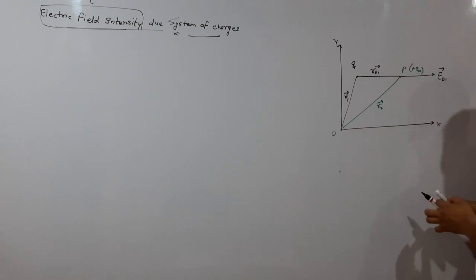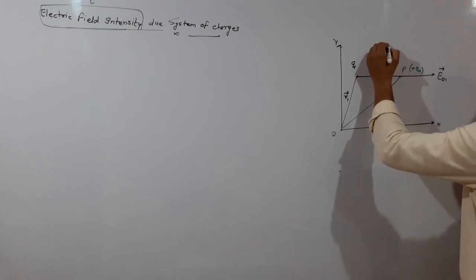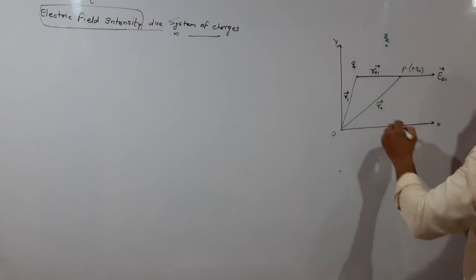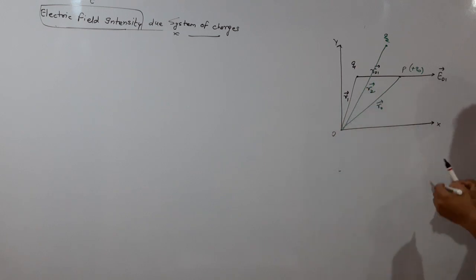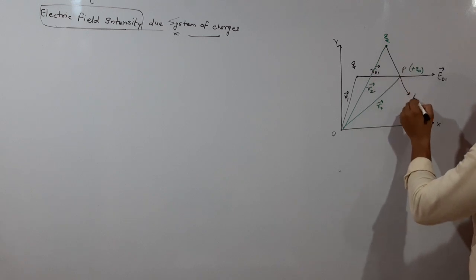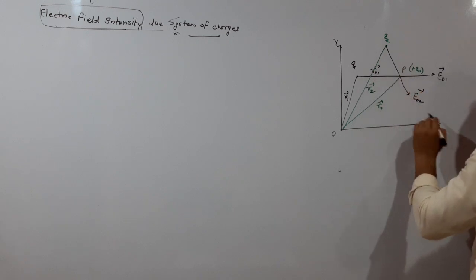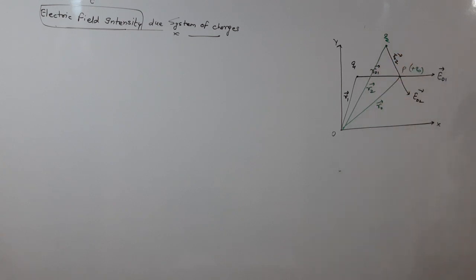If we have a Q2 charge, then its position vector is r2 vector. Due to this charge, the electric field will be E naught 2 vector, and the displacement vector will be r naught 2 vector.